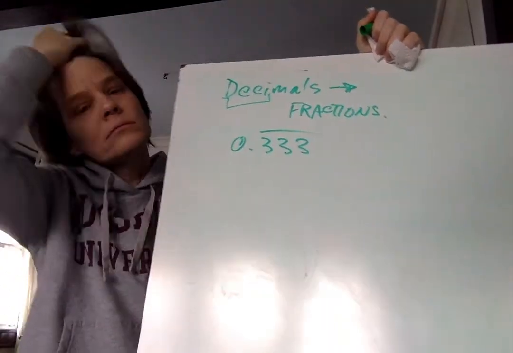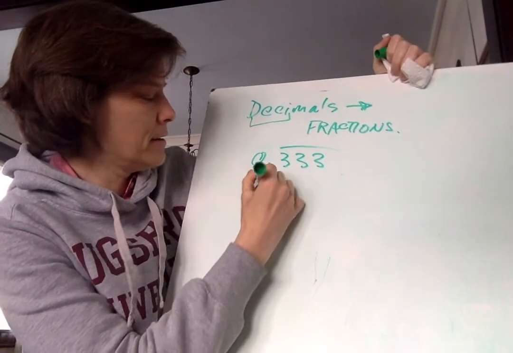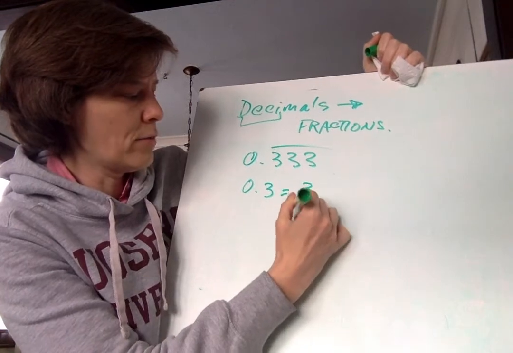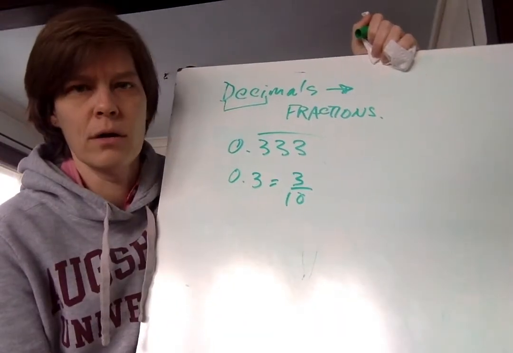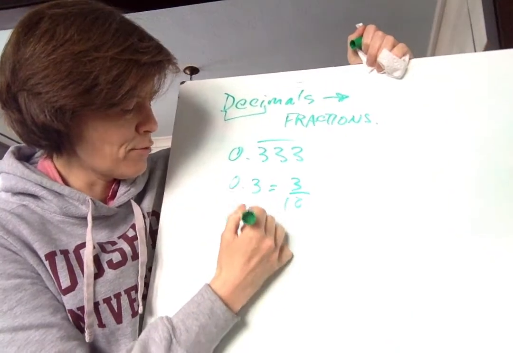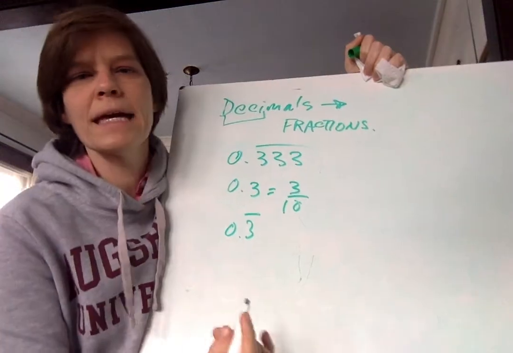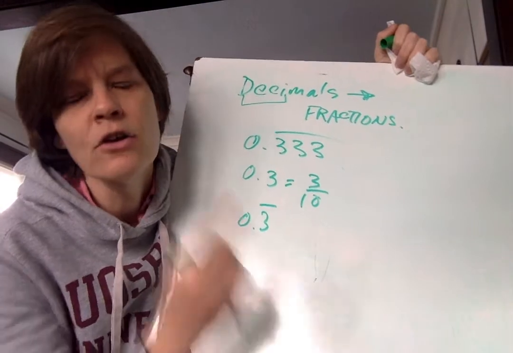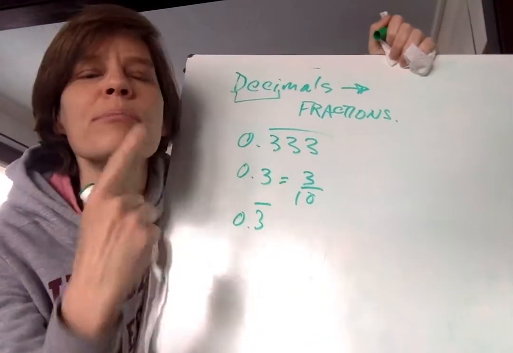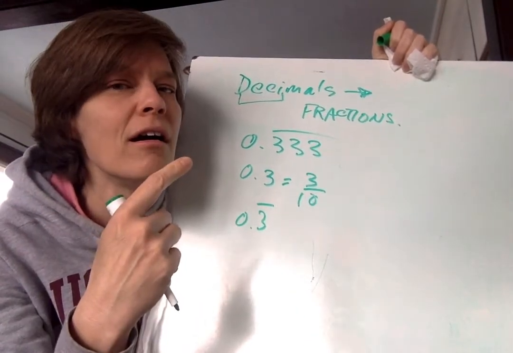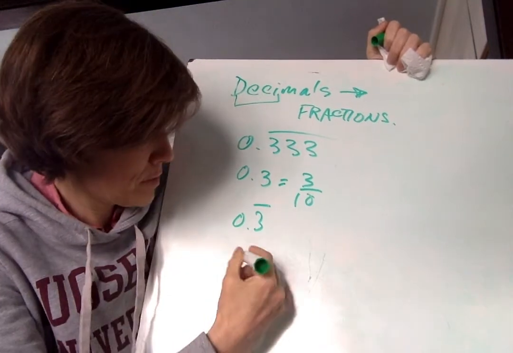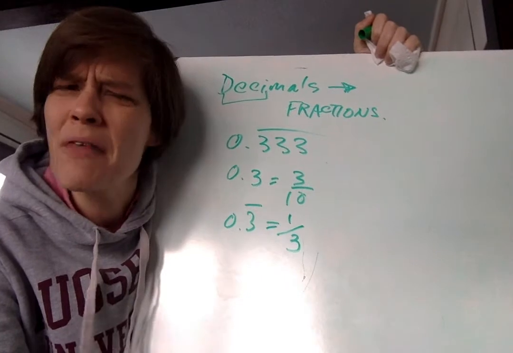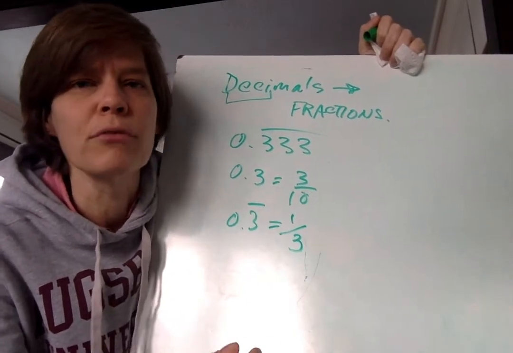No, you don't. 0.3 is 3 over 10, right? A 1 and a 0. But 0.3 repeating, we can't just say that's 3 over 10, because that's not. So how did we get 0.3 repeating? Do you remember? Maybe you do. This is equal to 1/3, right? 1 divided by 3 is 0.3 repeating.